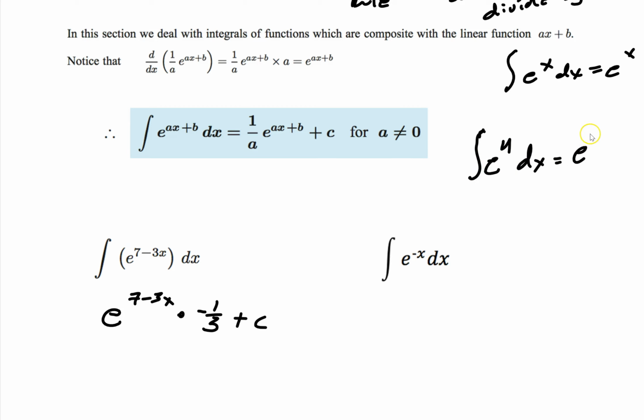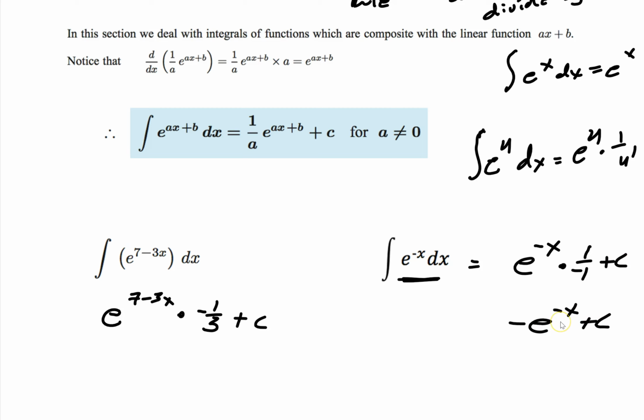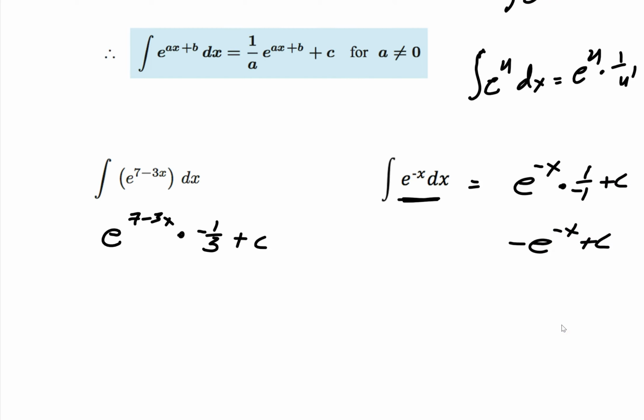It's going to be just copy it, and then times 1/u prime. Reverse chain rule. So let's use that here. These are easy. You're just going to copy it, and then divide by the derivative of the inside. Derivative of the inside will be -1, so 1/-1 plus c. Or if you want to be nicer about it, negative e to the negative x plus c. That's just a simple idea.